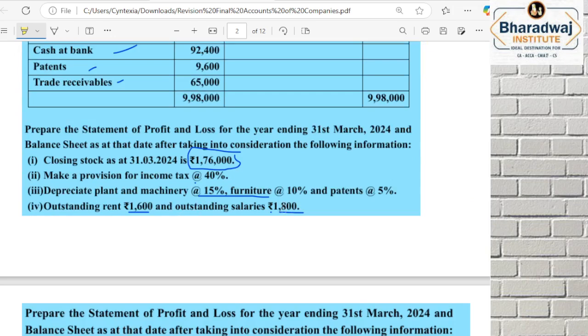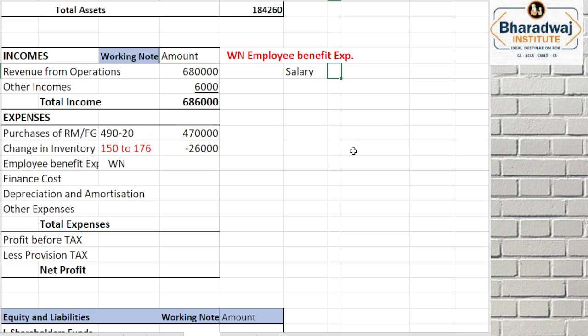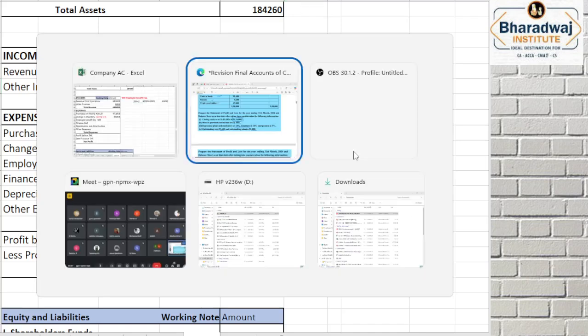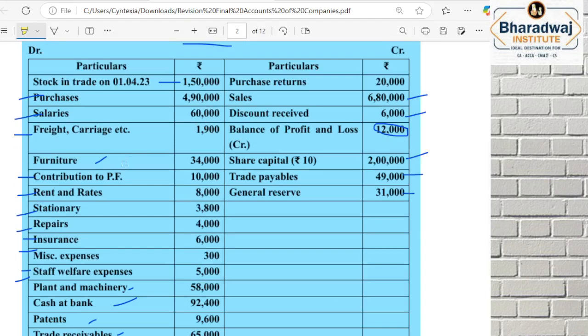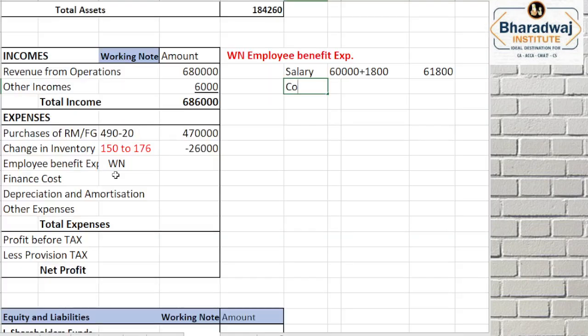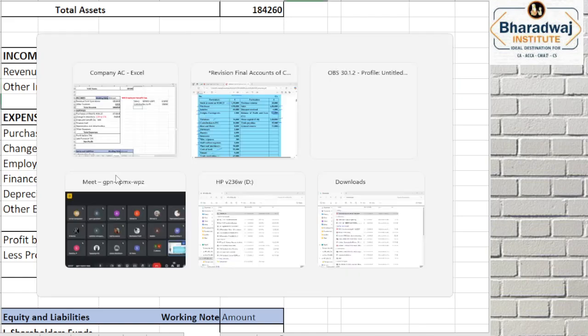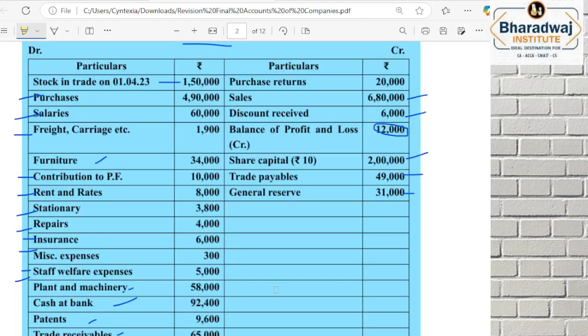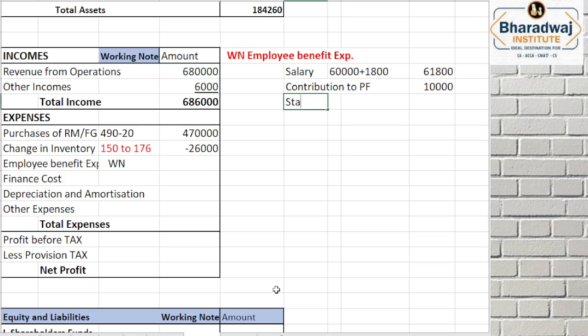60,000 plus outstanding salary 1,800. Then that contribution to PF also. Then the staff welfare expenses.